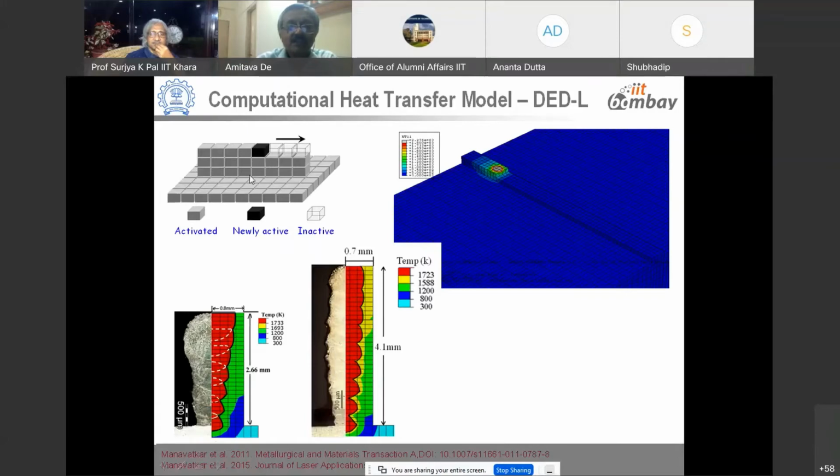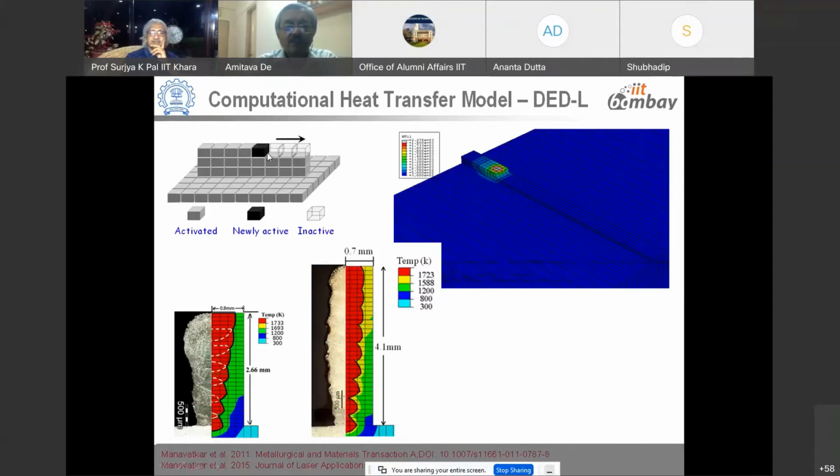There are different modeling strategies there. Elements or cells like this, which are typical units for models, are continuously activated as the beam is moving. So it is moving layer by layer, and material elements are getting activated as the beam moves.